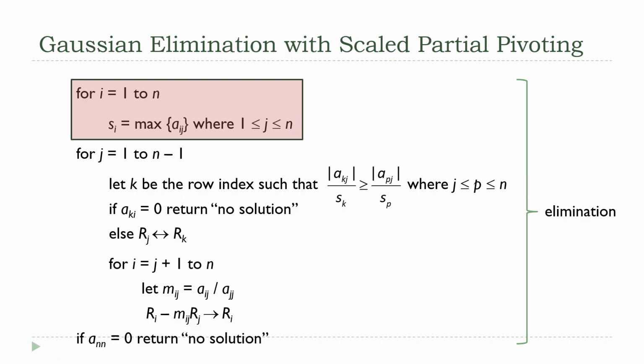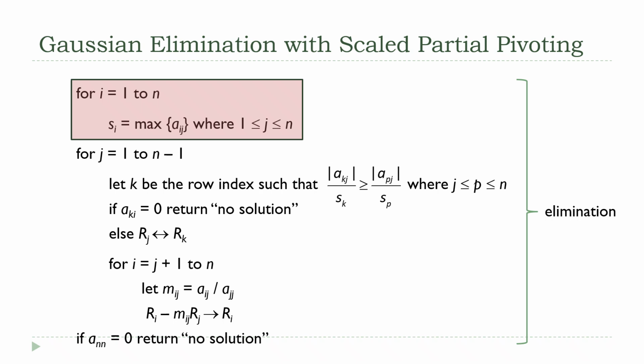So instead of looping through each row repeatedly at every step through that second loop, we just do it up front. Loop through every row, find its maximum value, store that in this S sub i value. That adds an additional n squared operations to the algorithm, which is still less than the n cubed we calculated previously. So this isn't going to significantly impact the runtime.